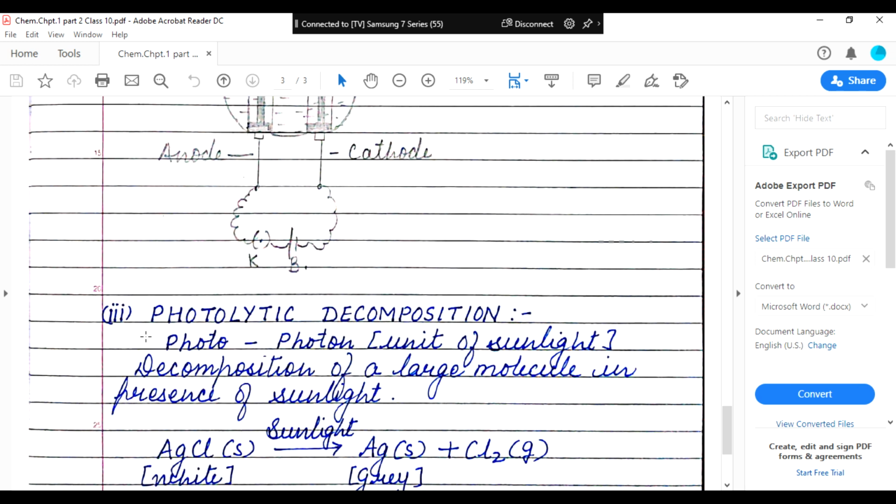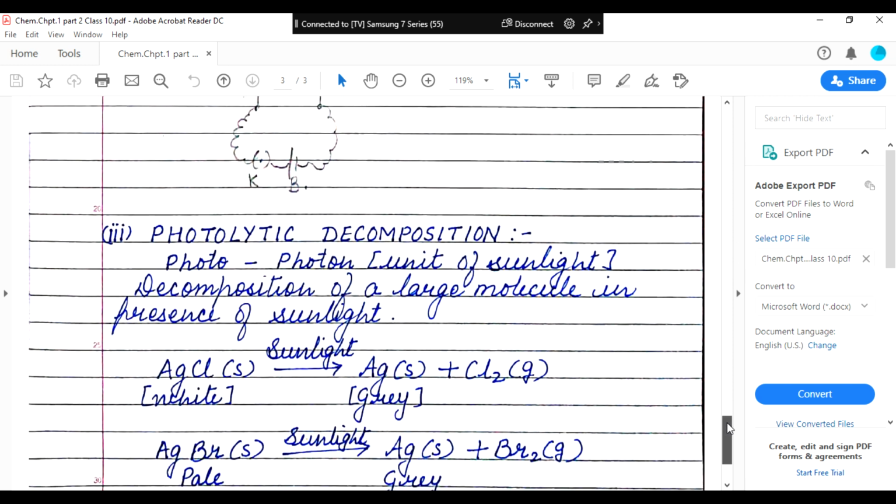Now third is energy in form of sunlight. The unit of energy in sunlight is called photon. So the reaction is also called photolytic decomposition reaction.